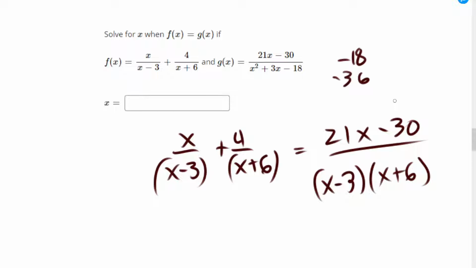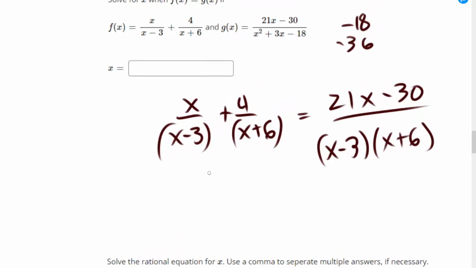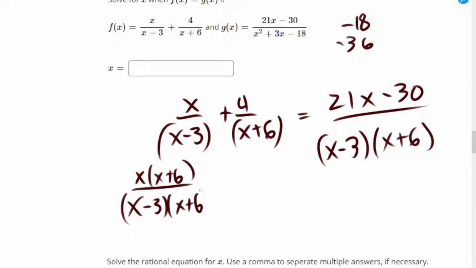Now, I want to show you a little secret, a little trick. If we give this guy an x plus 6, and if we give this guy an x minus 3, something magical happens. So we'll do x times x plus 6 over x minus 3 times x plus 6. We basically just multiply this by x plus 6 over x plus 6, which is 1. So we are not changing the fundamental value of the equation.